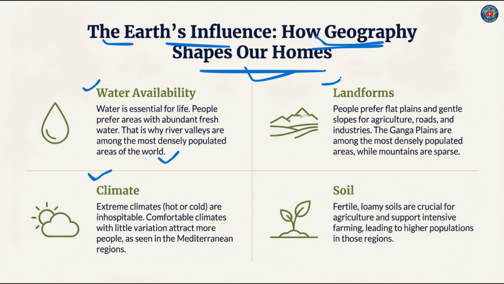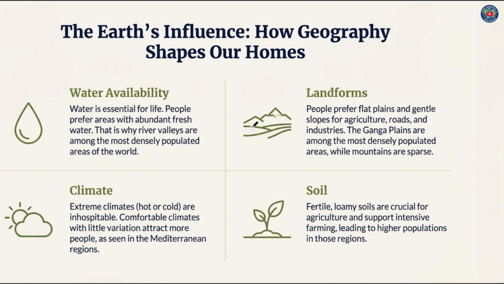The Ganga plains are among the most densely populated areas, while mountains are sparse. Then soil: fertile loamy soils are crucial for agriculture and support intensive farming, leading to higher populations in those regions. These are four factors influencing population distribution and density: water availability, landforms, climate and soil conditions.